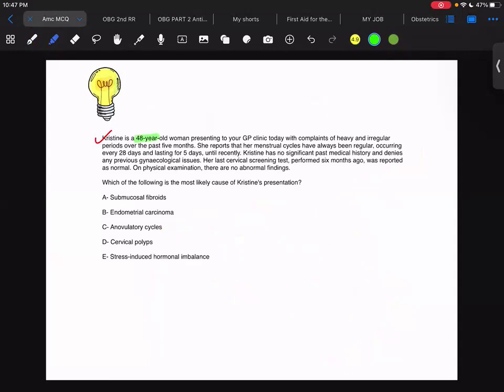Whenever they say 48 years old, that means it is a perimenopausal woman, near about to get into menopause. She presents to your GP clinic today with complaints of heavy and irregular periods over the past 5 months, and she reports that her menstrual cycles have always been regular, occurring every 28 days, lasting for 5 days until recently.